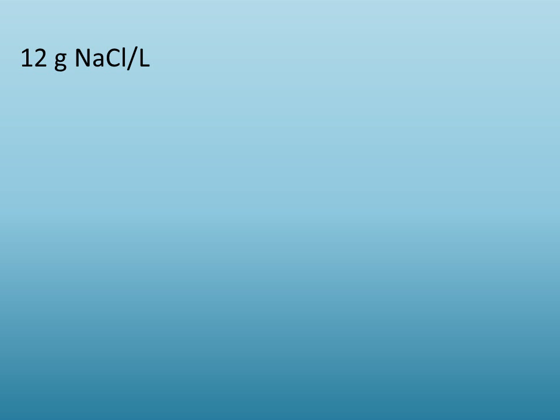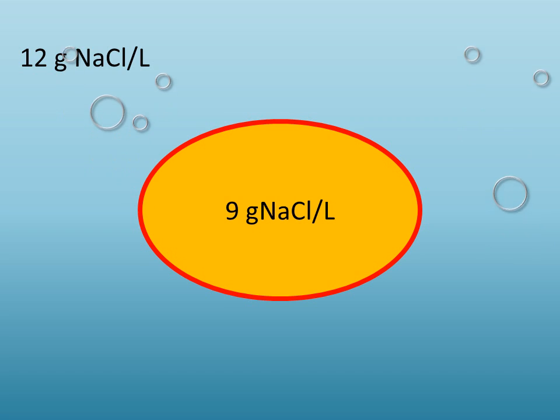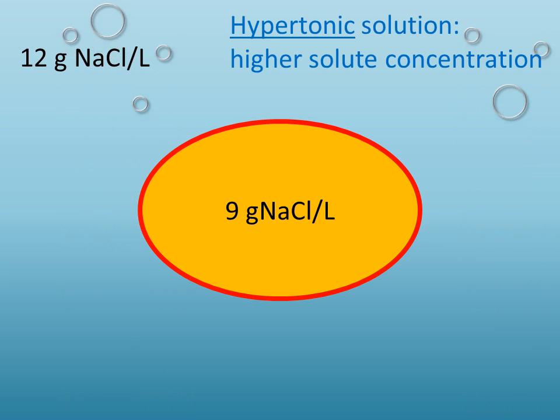Okay, so let's consider this aqueous solution of 12 grams sodium chloride per liter. Now this is an aqueous solution, so let's add some bubbles here to give it that aqueous feel. And say we have a cell immersed in this solution that's 9 grams of sodium chloride per liter inside. Thus the solution outside would be what we call a hypertonic solution, which means higher solute concentration.